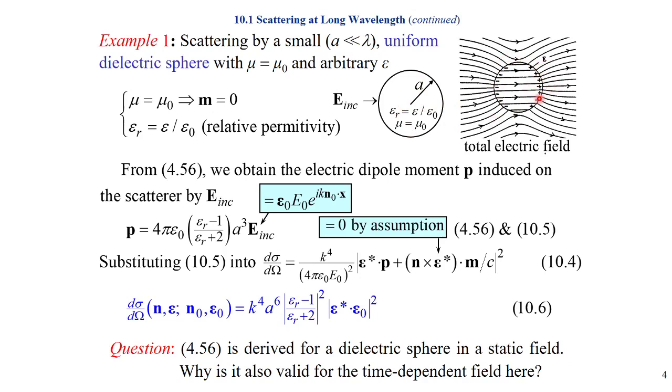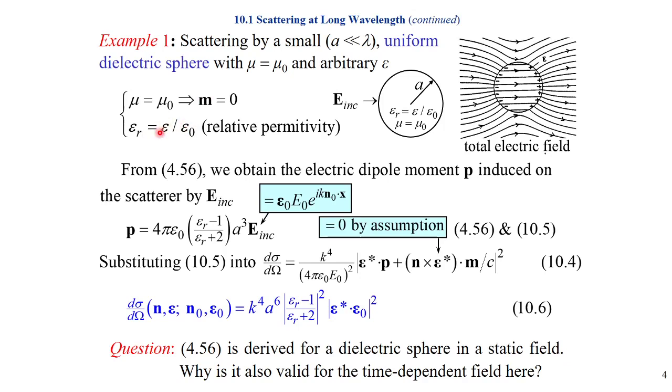If this is alumina, ceramic, epsilon r is about 9. If it's fused quartz, epsilon r is about 4.0. So luckily we have mu equals mu 0, no magnetic dipole.